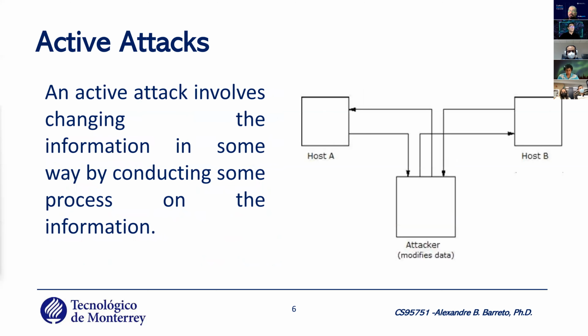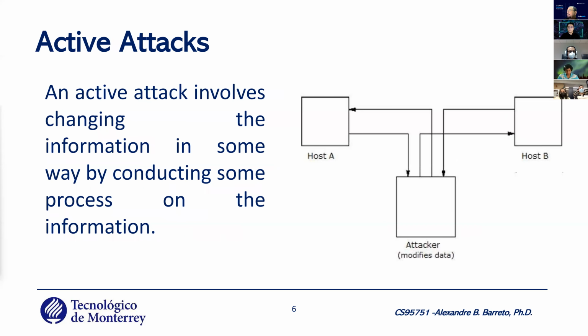So active attack is a little different. In the active attack, you go a little deeper. You not only sniff the network, but you modify the data inside the network.